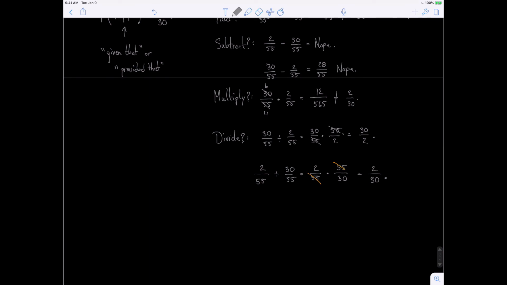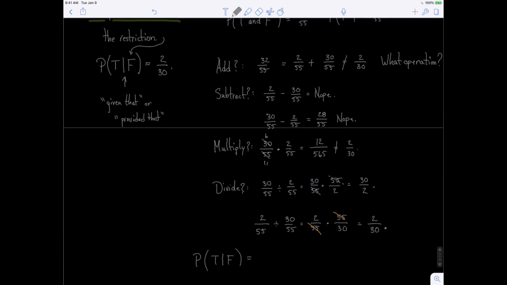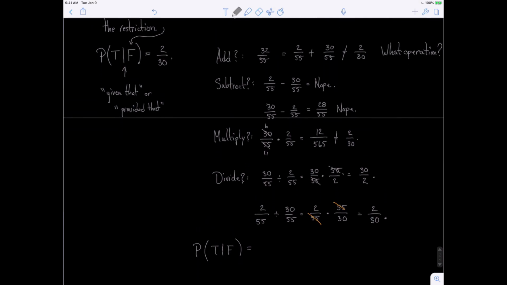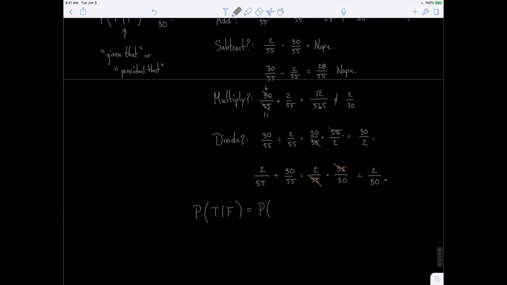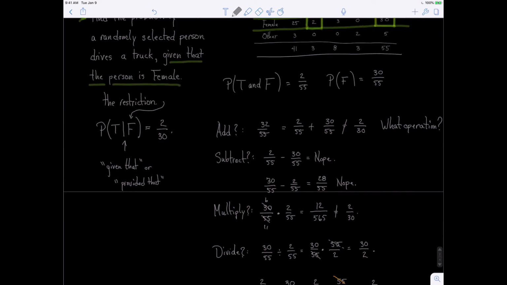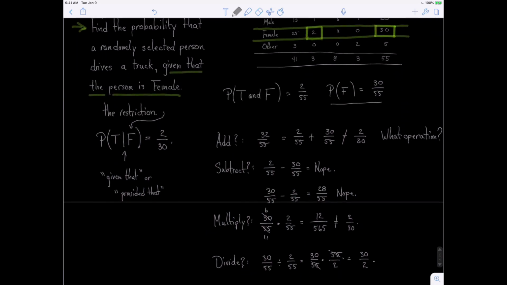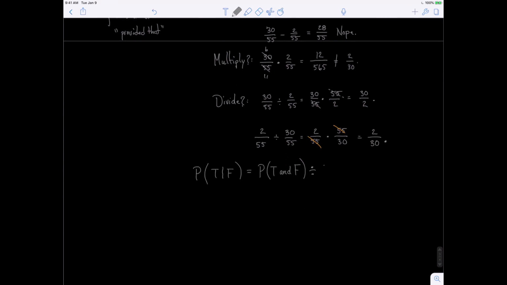Here's what we just found. The probability of a person driving a truck, given that they're female, is equal to the 2 out of 55 we set up above, the probability they drive a truck and are female, divided by the 30 out of 55, the probability of a female.